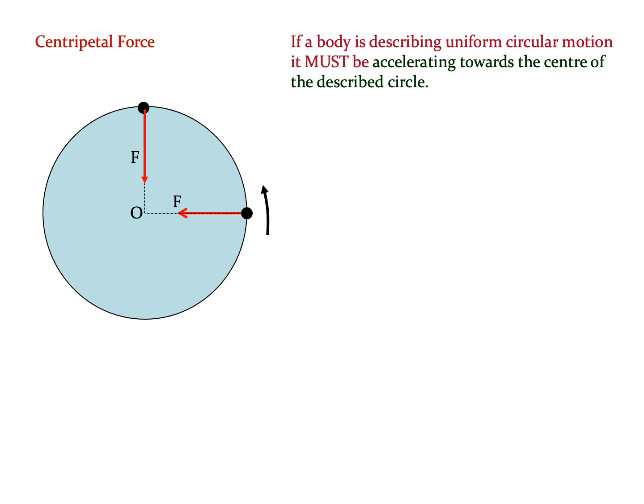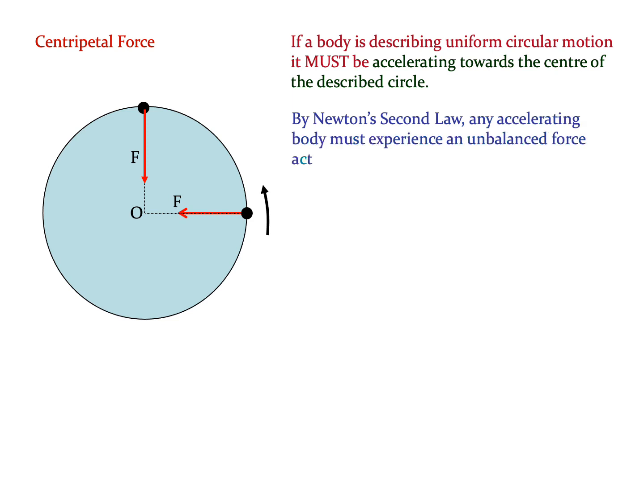If a body is describing uniform circular motion, then it must be accelerating towards the center of the described circle. Okay, that must happen. And it follows from that by Newton's second law. Newton's second law, of course, says that any accelerating body must experience an unbalanced force acting in the direction of the acceleration.